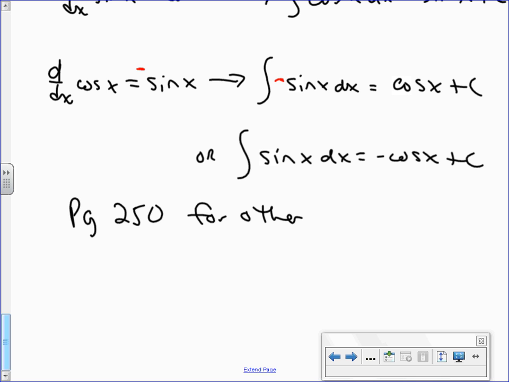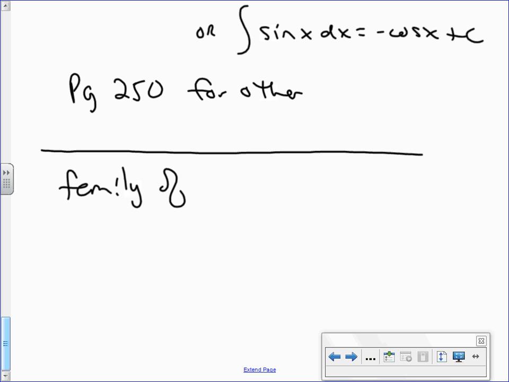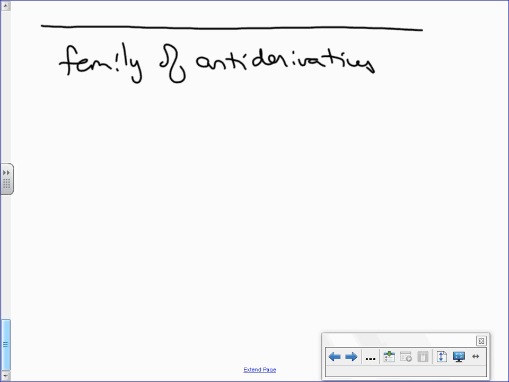All right. And I want to drive home one last time this idea of a family of antiderivatives. If you take a look in your textbook, you'll see some pictures of these graphs that are better than I'm going to be able to help with.